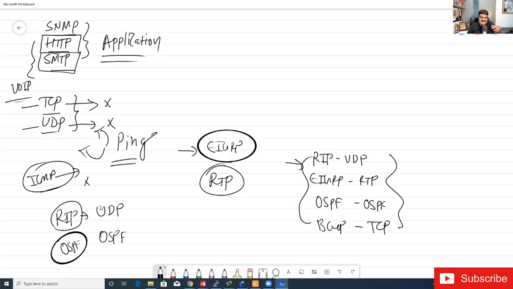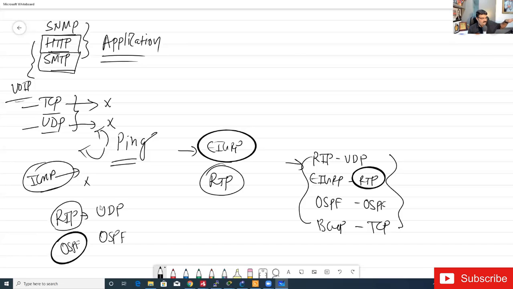Now the question is why EIGRP is using RTP as a transport layer protocol. Is there any specific reason? If I already have TCP and UDP, why should I build that particular protocol? Why did they create RTP for the communication of EIGRP? They could use TCP and UDP.